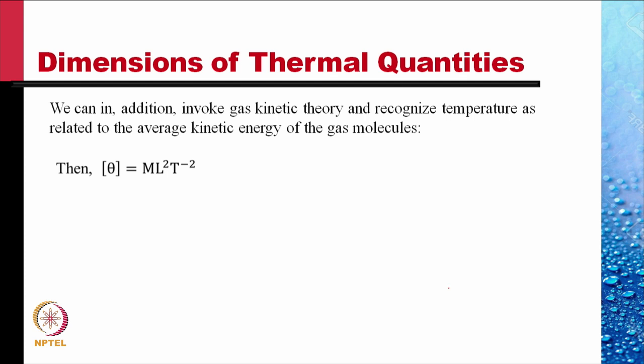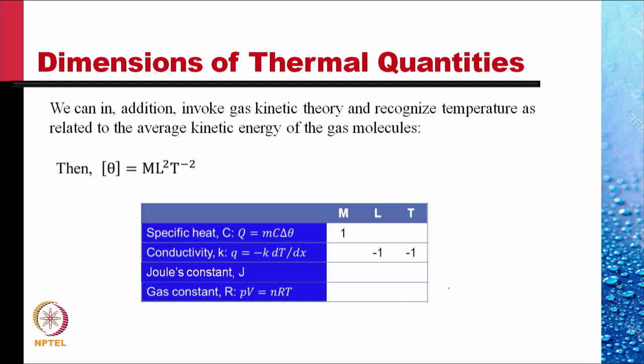And the dimensions of various thermal quantities are given by this temperature. Here, both the Joule's constant and the gas constant are treated as non-dimensional. And the specific heat has the units of only mass.